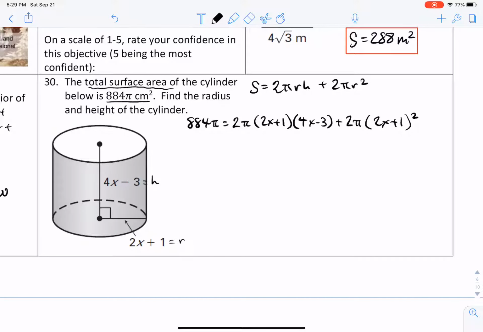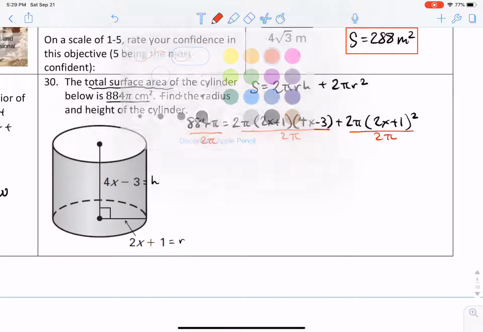Before I do, notice that everything here has a pi in it. Each one of these terms, the ones that are being multiplied, have a 2 pi in common, and 884 because it's even and it has a pi attached to it. So we're going to divide everything by 2 pi, which should make all of our numbers just a little bit easier to work with.